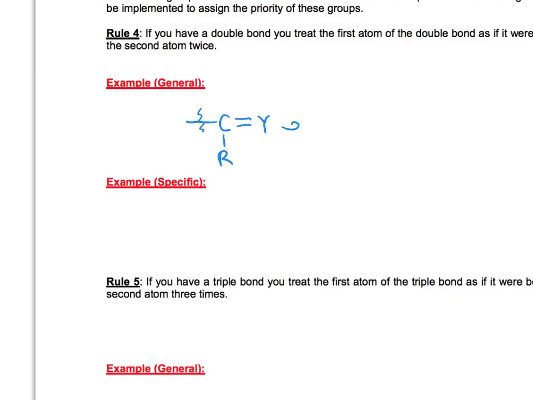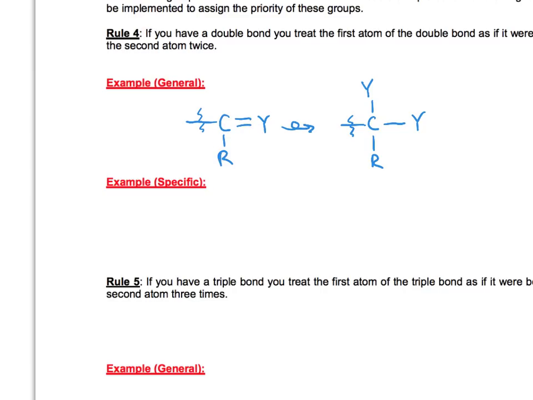So what we're actually saying here is that this carbon atom of the double bond, or it could be any other atom, it doesn't have to be a carbon, but typically it's going to be a carbon, is really bound to this Y twice plus R. Because it's a double bond, right, we're saying that it's bound to Y 2 times. Y, carbon, Y double bond, Y, R.